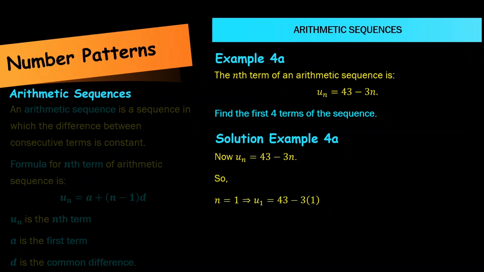So when n equals 1, we have u subscript 1 equals 43 minus 3 times 1, which is equal to 40. When n equals 2, we plug in n equals 2 into the formula for u subscript n to give 43 minus 3 times 2, which is equal to 37.